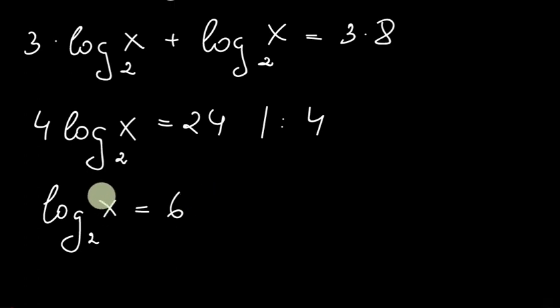Now, by using our main property of logarithms, we get that x is equal to 2 to the 6th power. Let's say we have a logarithm base x of 4, and it is equal to 16.